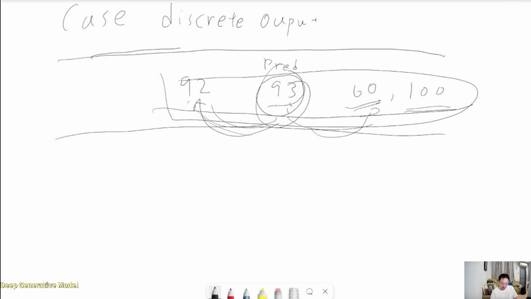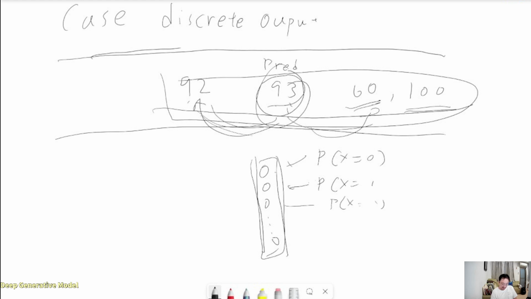So if your output is discrete, then you might make your output just like what you do for classification. For MNIST there are 10 digits, each one corresponding to the probability of x equal to 0, x equal to 1, and x equal to 2.